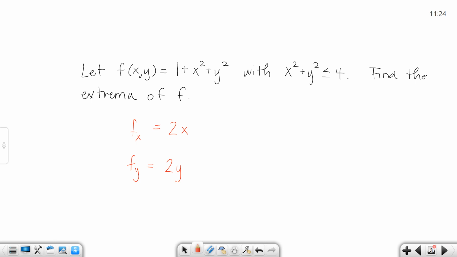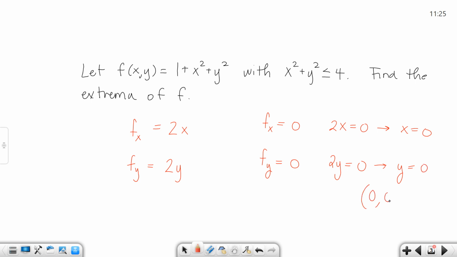To find our critical number, we take the partial derivative with respect to x and set that to 0, and take the partial derivative with respect to y and set that equal to 0. If 2x equals 0, then x equals 0. And if 2y equals 0, that means y equals 0.